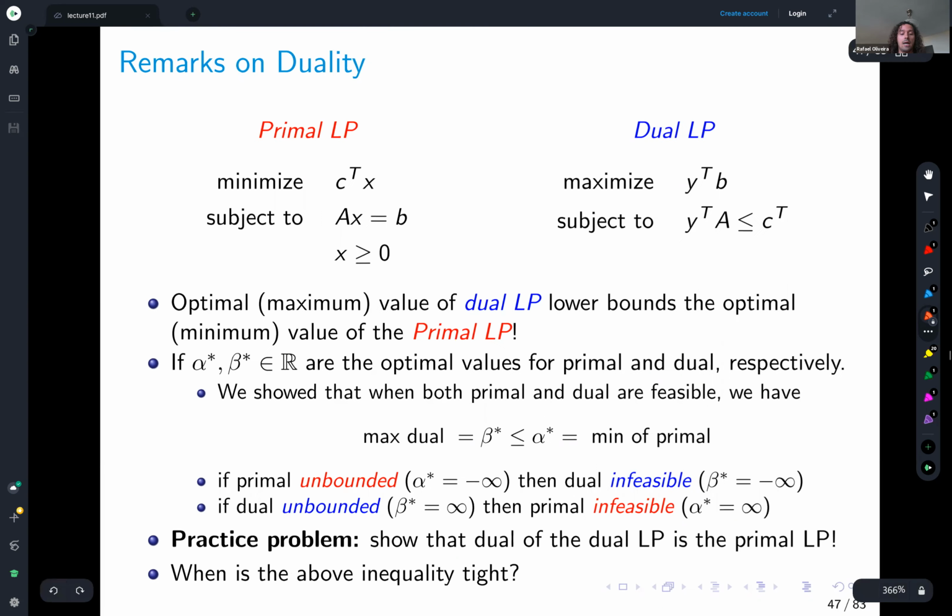And now the question is, when is the above inequality tight? That's the kind of pressing question that we have once we see linear program duality and the weak duality theorem.